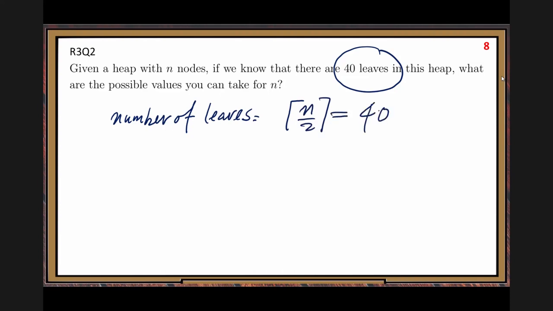N over 2, ceiling function, that's the formula for the number of leaves, and we know it's 40. Now, what are the possible values for n? Right, 80, 81, good.